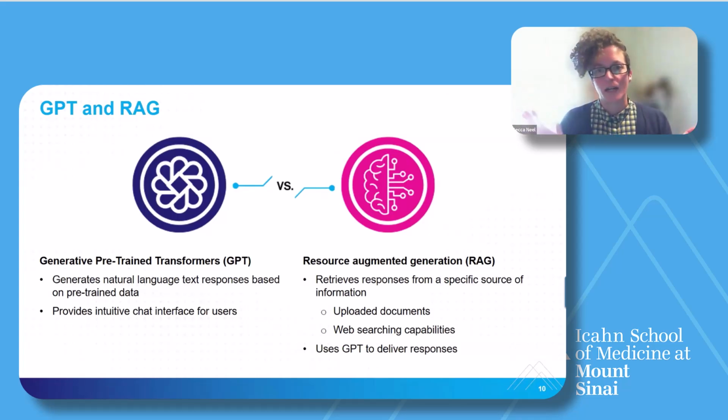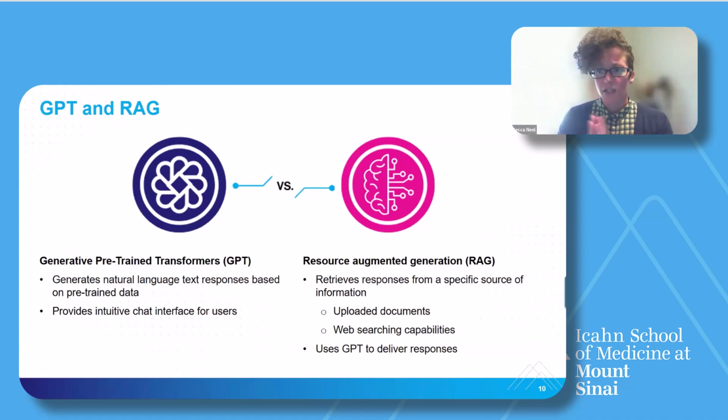That's just the large language model with a user-friendly chat interface. The RAG, however, is the function that allows the GPT to pull information directly from a specific source, be that documents or the open web, and then present that to users within the GPT's interface, rather than the GPT just kind of making up things based on what it knows about how language works.